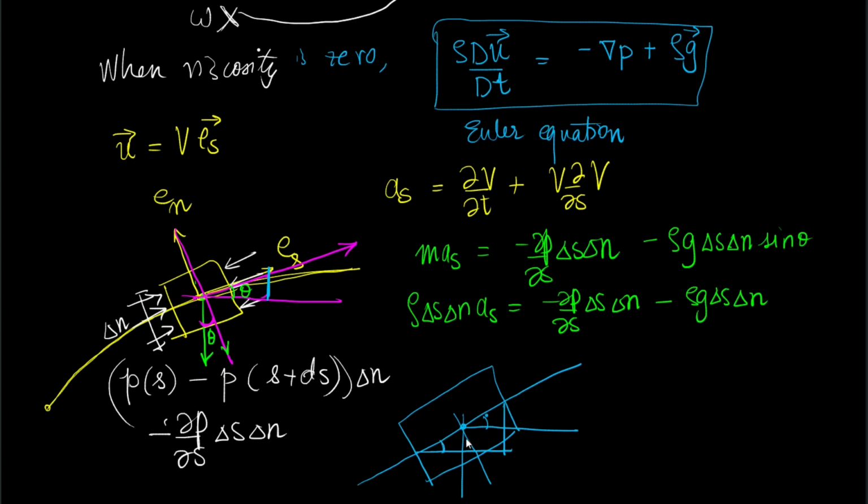So this angle is the same as this angle, and sin theta in this case will be equal to delta Z upon, what is the component of, still not clear.